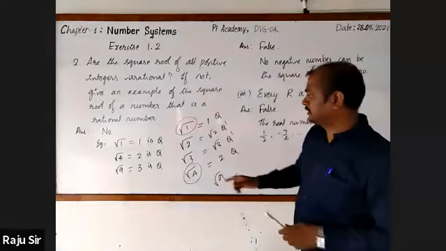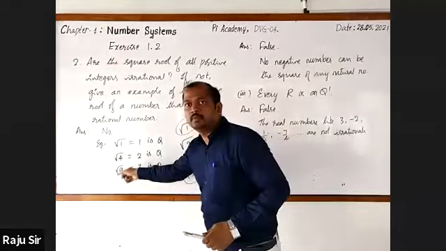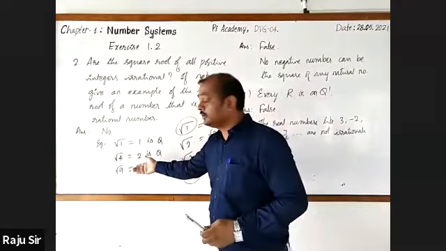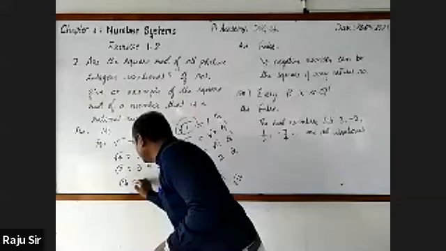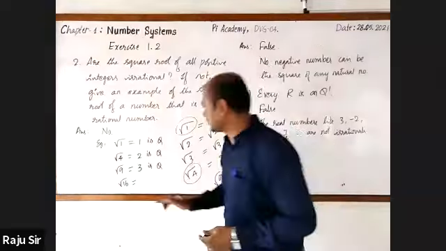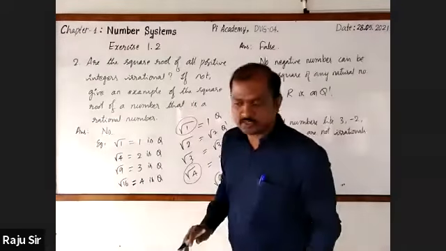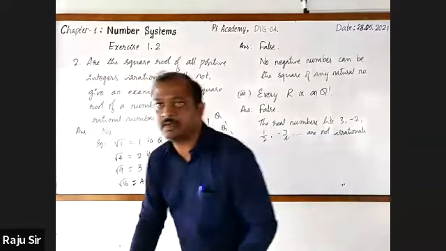Yes, sir. Now you tell which is the next example. Root 16. Very good. It is rational because root 16 is 4, and 4 is rational. I'll take one more example.